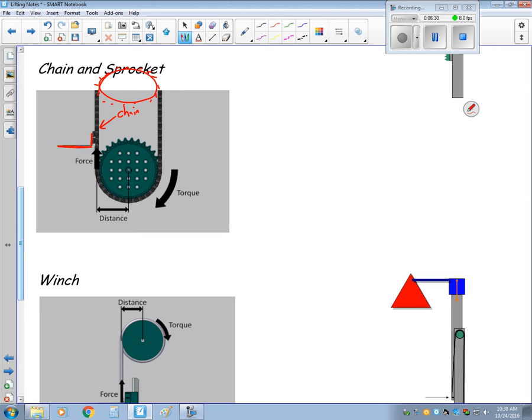It would work better if the motor's on the top sprocket. And again, we see that force equals torque divided by radius. So if you use a really large sprocket, you will not have as much force acting on that platform. So again, this is a case for using smaller parts to get greater force.